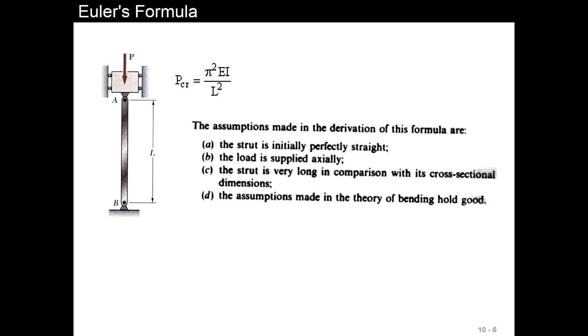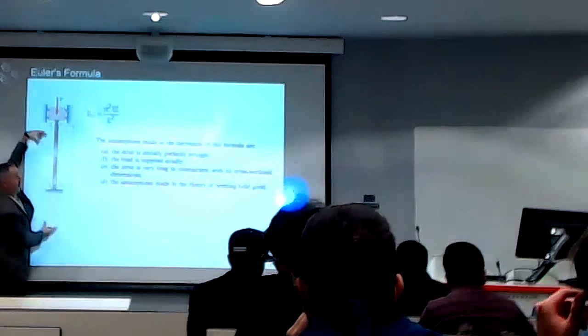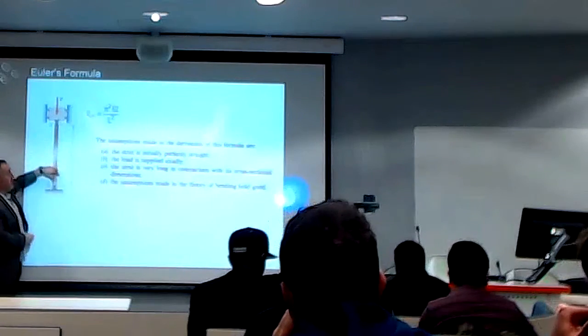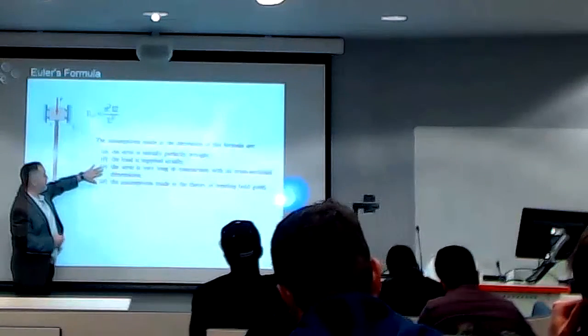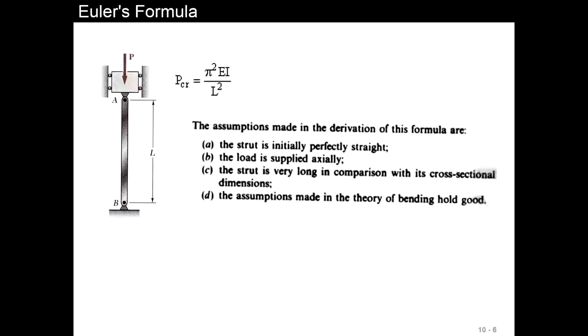But for this formula, we make the assumption that it's passing right through the middle, that it's perfectly straight, that it's very long compared to its cross-sectional area. So it's got a high slenderness ratio, and the assumptions of the theory of bending hold good. So if you can look them up.